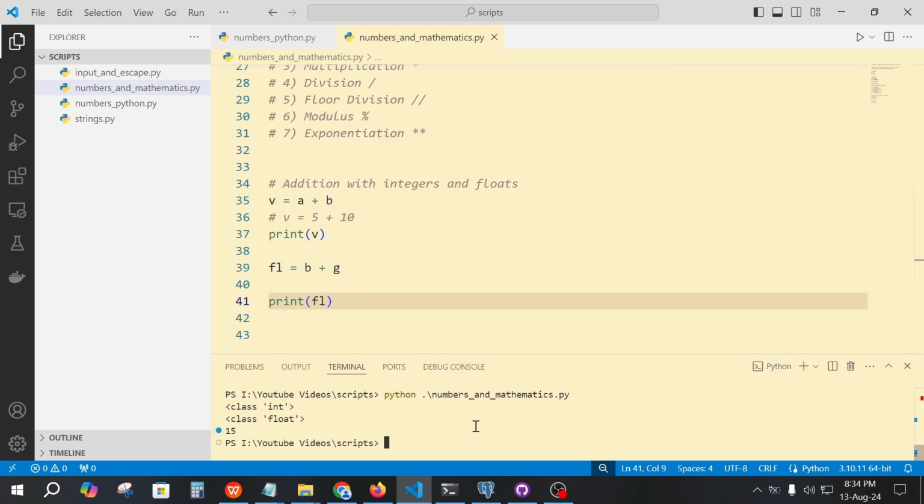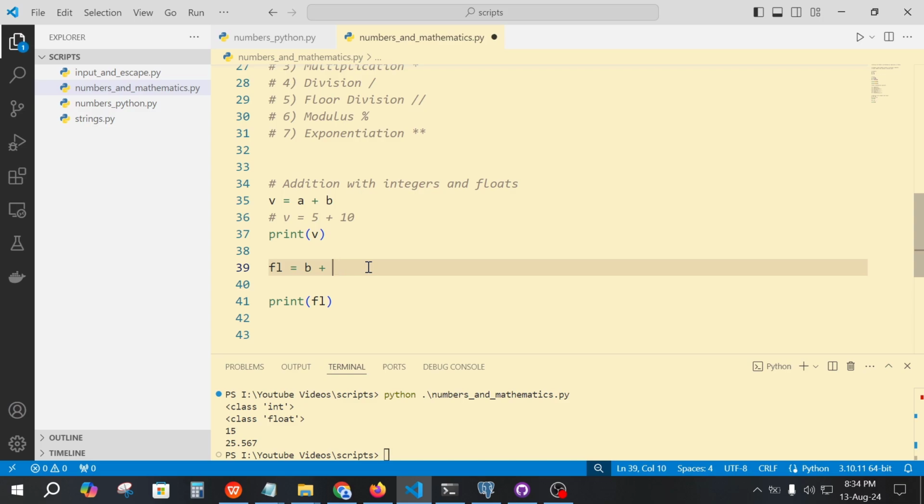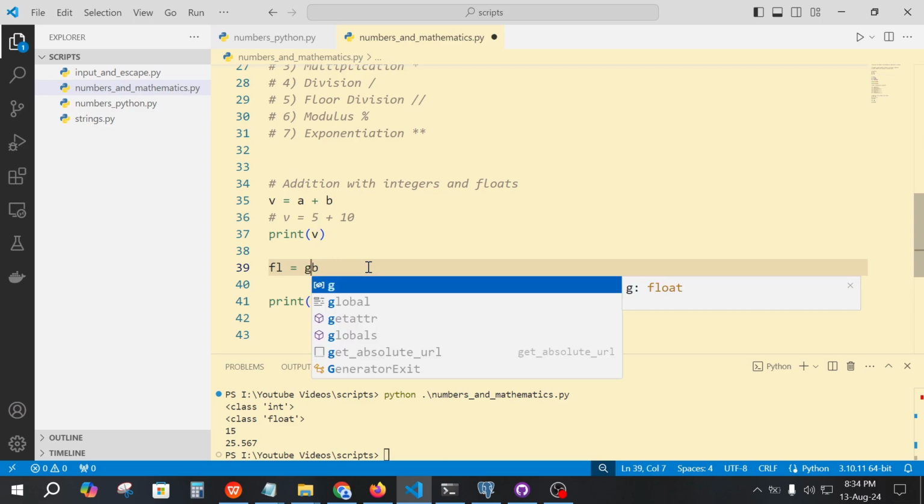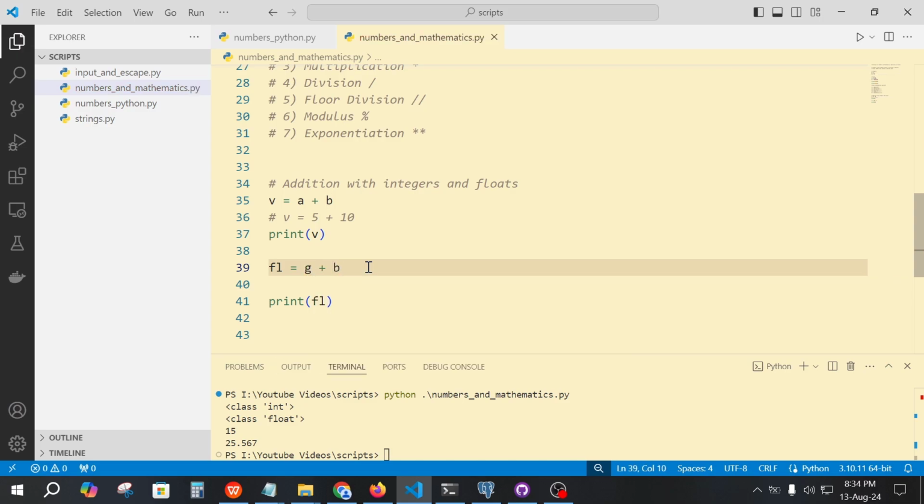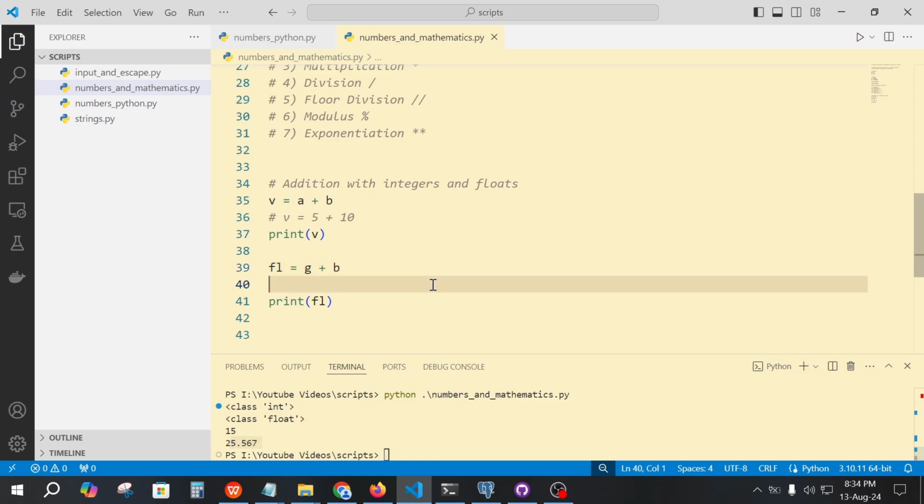Save it, run the function again, and it is 25.567. So this is the sum of integer plus float. We can also reverse it. The order doesn't matter in addition, you can see it's the same again.